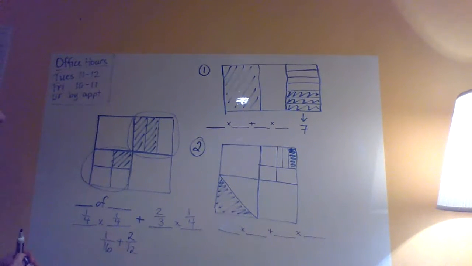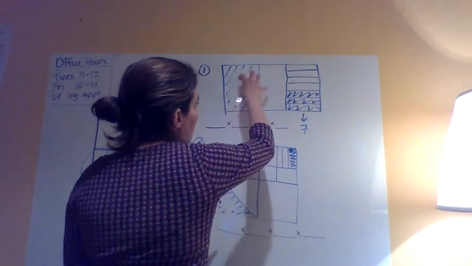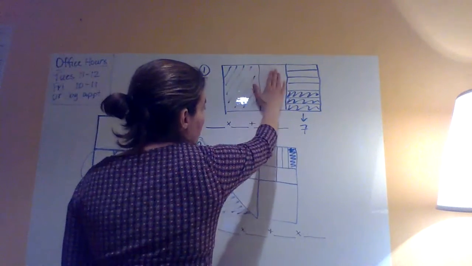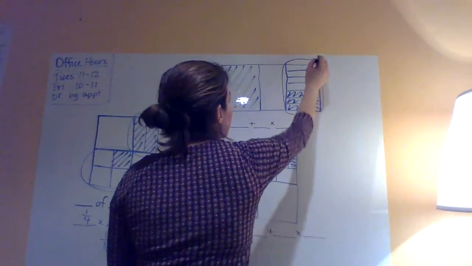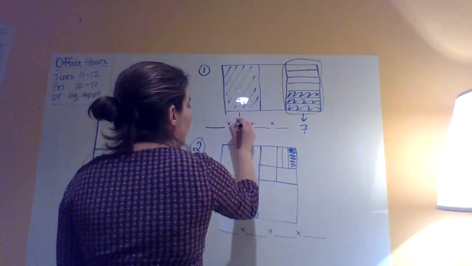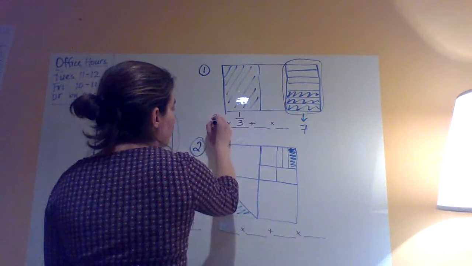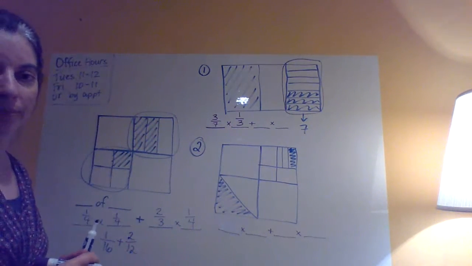Okay, so let's look at the top one. Let's look at this part first. If I look at this, first the box was split into 3 equal parts. And then I took 1/3 of that. And what fraction of this 1/3 did I shade? Well, I shaded 3/7 of that 1/3.